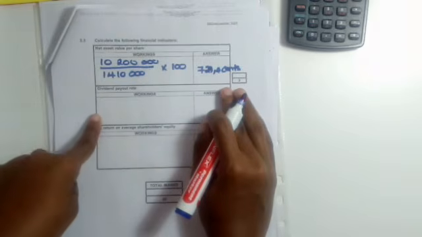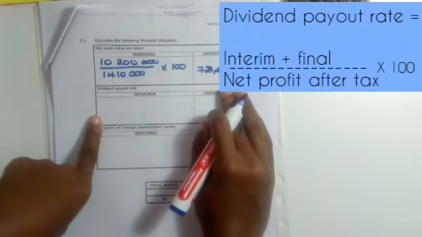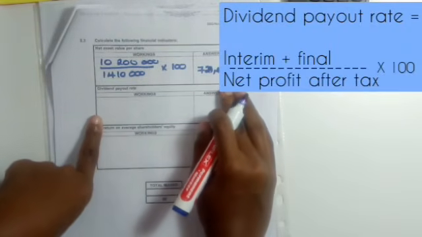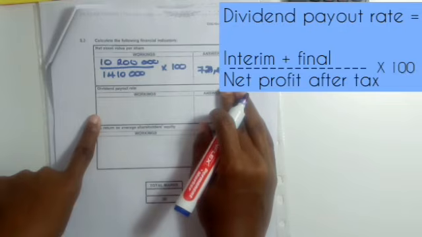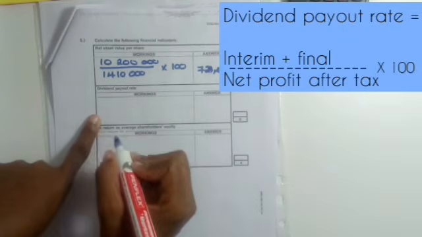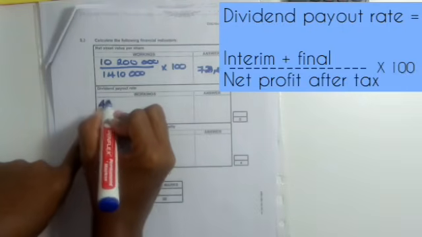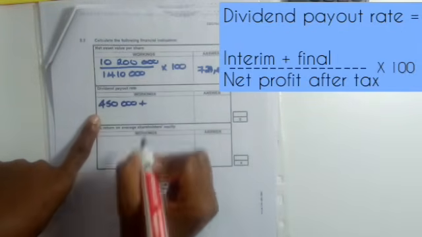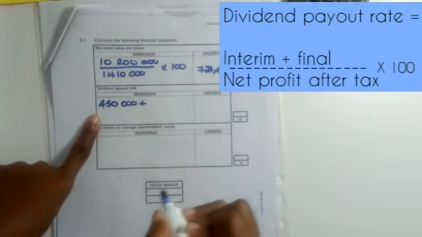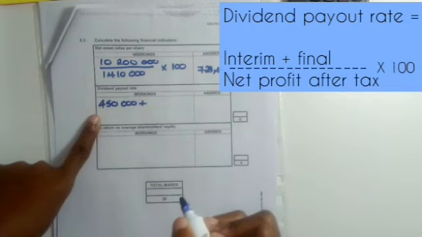Then the next one is our dividend payout. The formula says interim dividend plus final dividend all over net profit after tax. When we were calculating dividend paid, we found out that our interim for the year was 450,000, and we want to add it with our final dividend. Our final dividend means the same thing as shareholders for dividends.